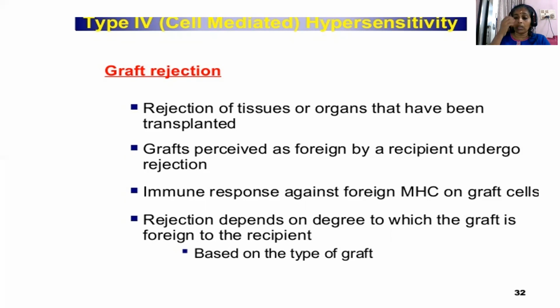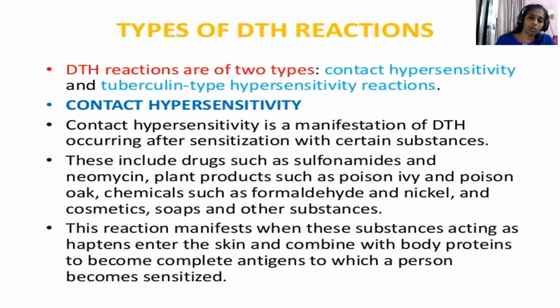Rejection depends on the degree to which the graft is foreign to the recipient. How compatible the recipient is with that graft is the yardstick of this rejection. If it is considered totally foreign it is rejected immediately, otherwise it stays for some days and is rejected later. So the rejection occurs based on the type of graft we receive.